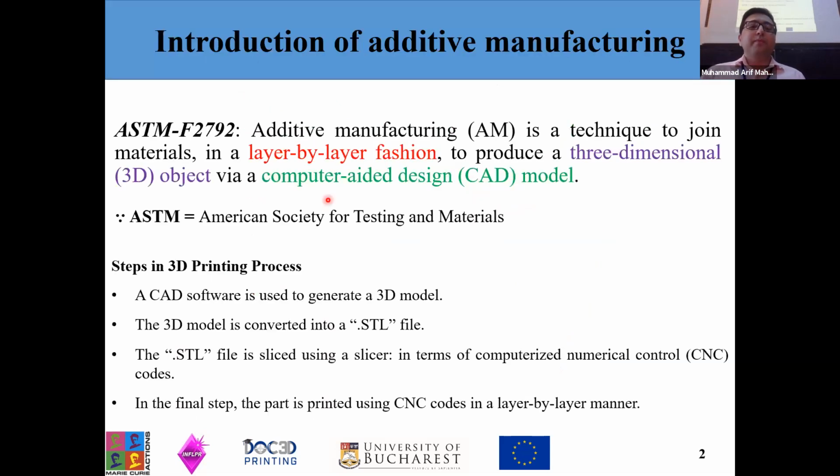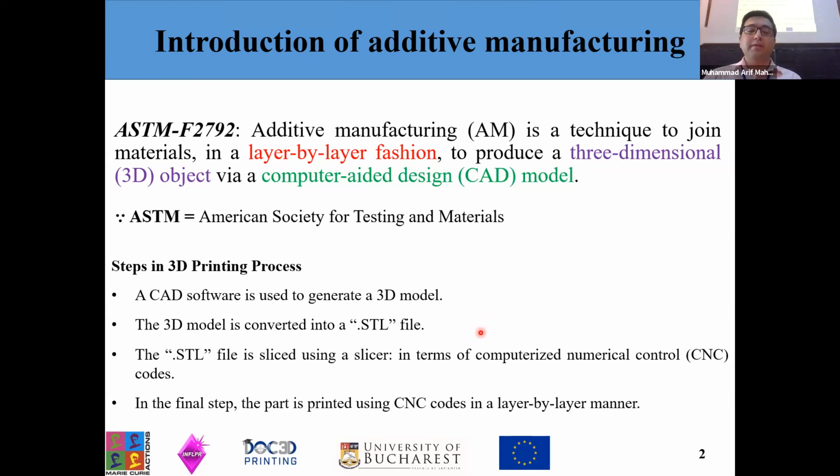To begin, according to ASTM F2792, additive manufacturing is a technique to produce three-dimensional objects using a computer-aided design CAD model in a layer-by-layer fashion. What we usually do in this technique, we develop a three-dimensional model using CAD software such as SolidWorks.